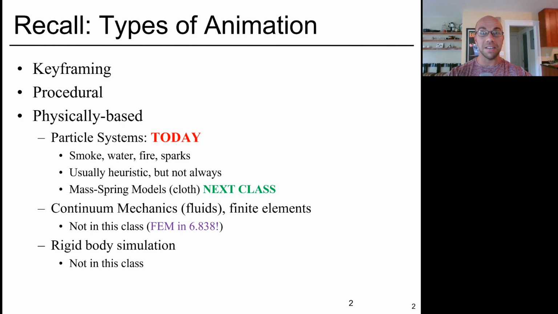Physically based animation is a really deep and challenging discipline, and you could easily fill multiple computer graphics or even engineering courses with all the techniques that you need to simulate smoke, water, hair, things crashing into each other, rigid bodies, and so on. Some of the advanced topics include continuum mechanics, fluids, plastic material, finite elements, and other topics.